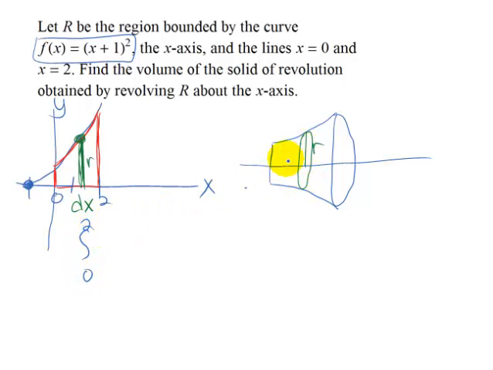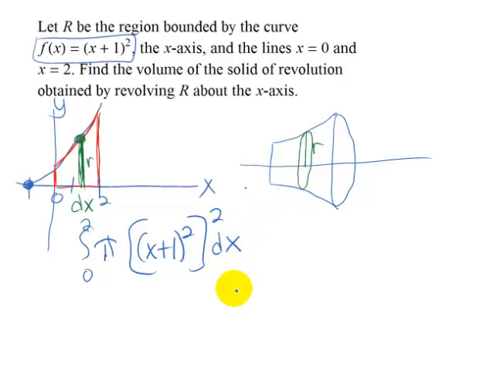The area of a disk is going to be pi r squared, but our r was (x + 1)², so that will need to be squared, multiplied by our little thickness of our disk, which is dx. So the volume of the solid of revolution will be the value of this definite integral.